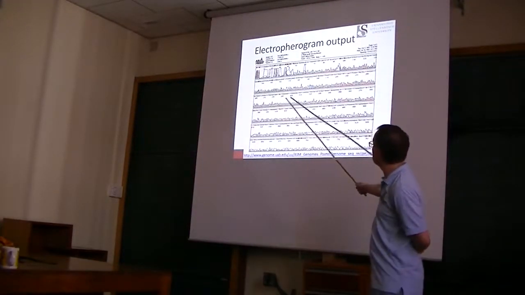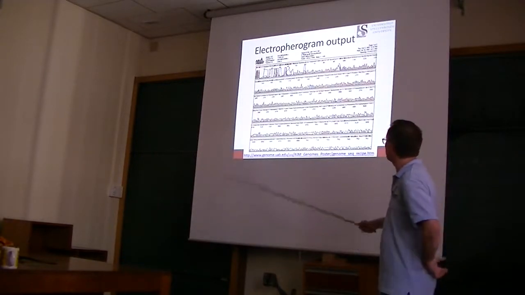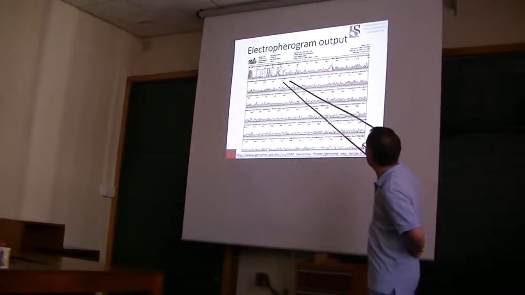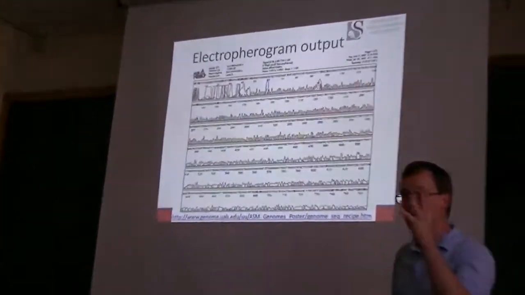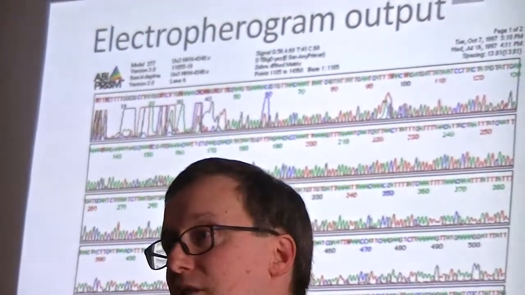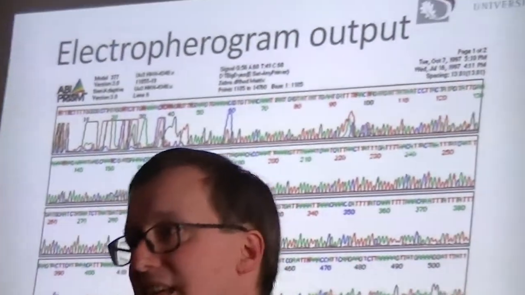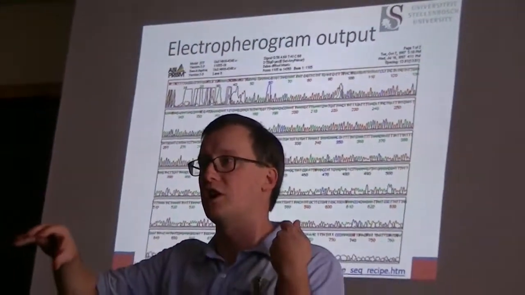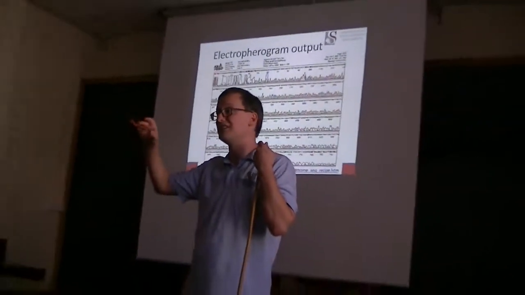We have an electropherogram. So what we are seeing is time over this axis and fluorescence in 4 different channels shown above that. So an electropherogram is this relationship between time and intensity. Now sometimes these separations are by space rather than time.